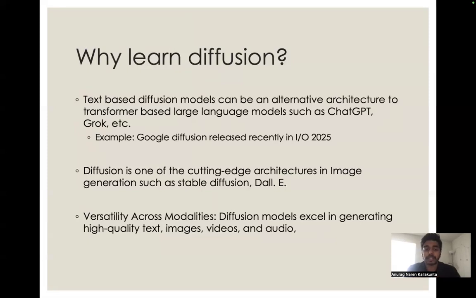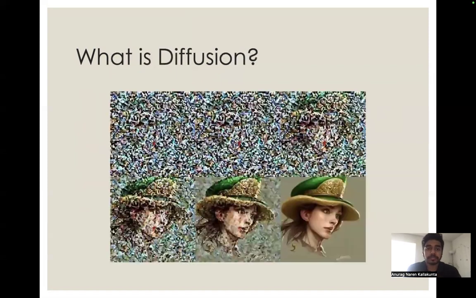So it is a very good alternate to know about. Diffusion is also very good at generating high quality text, images, videos, and not just these three, but also audio, right? Diffusion as an architecture can also be used to generate audio. So that's the reason why you should learn diffusion, which is a generative architecture, in the first place.